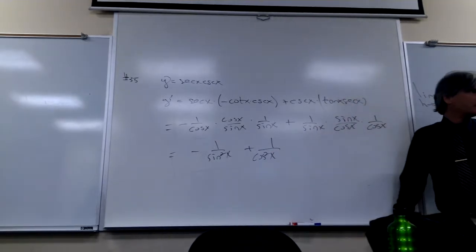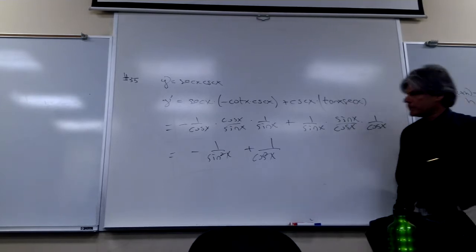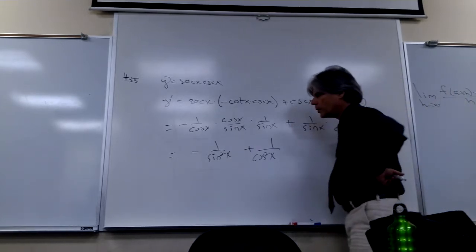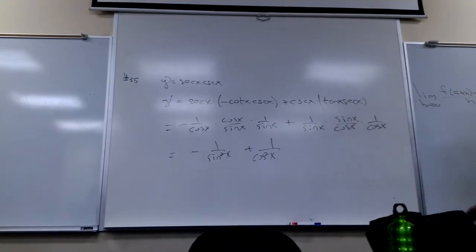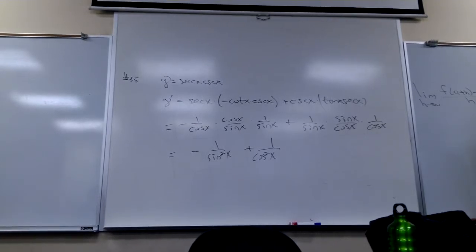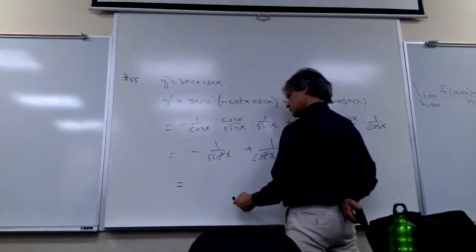Now what? Oh, now you have to find the second derivative. Okay, how do you do that? Well, why don't you just find a common denominator? Is that what you would do?